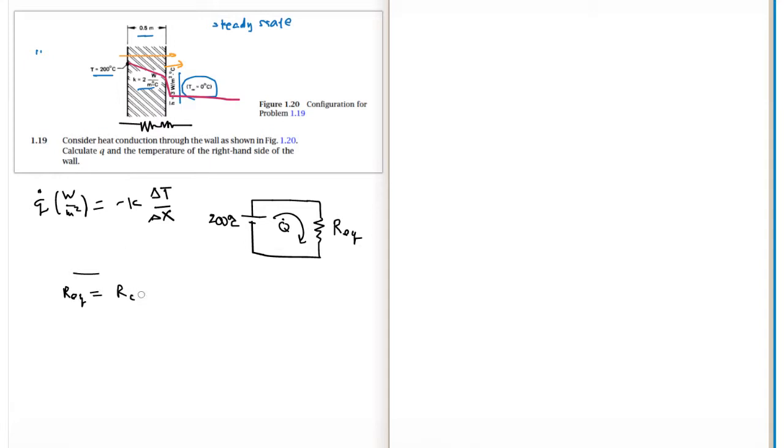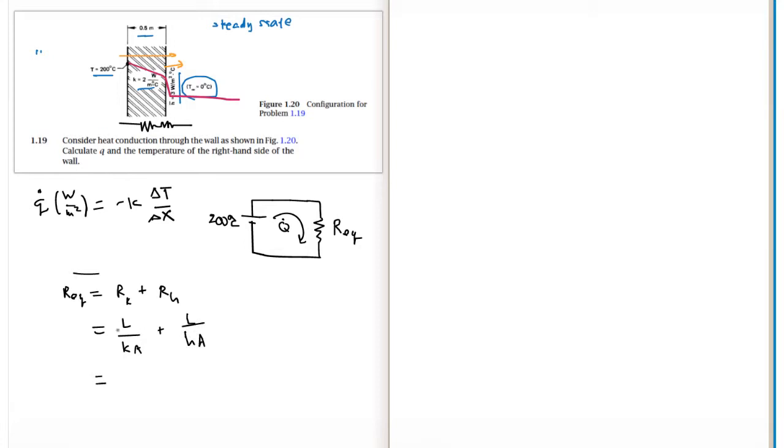So it's R from K plus R from H. So it's equal to the length over K times A, plus 1 over HA.